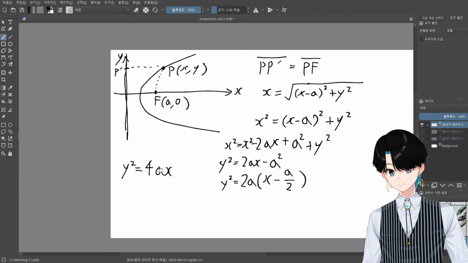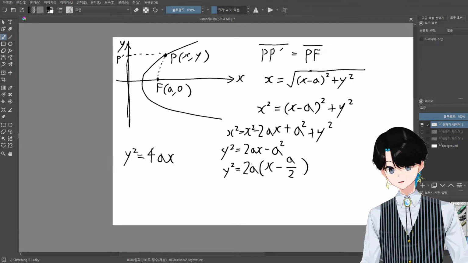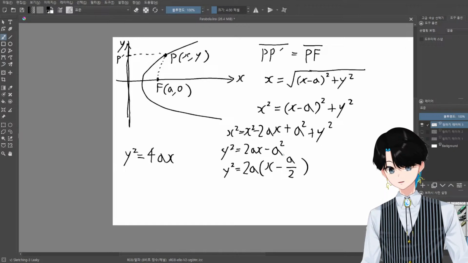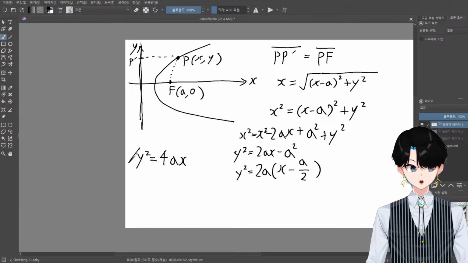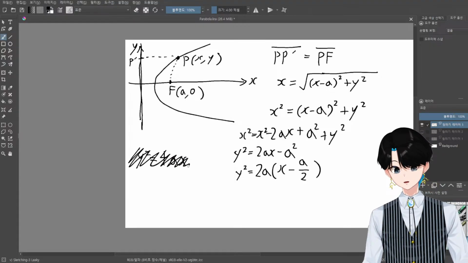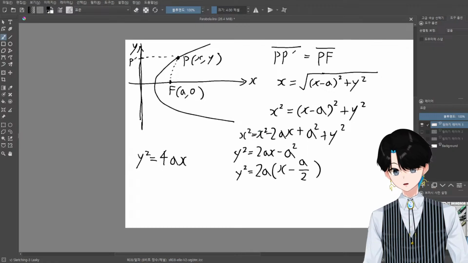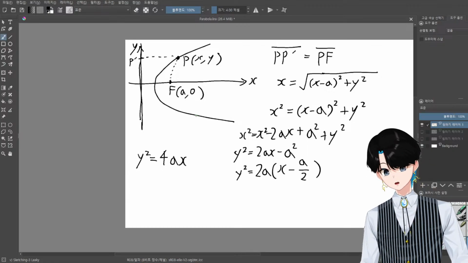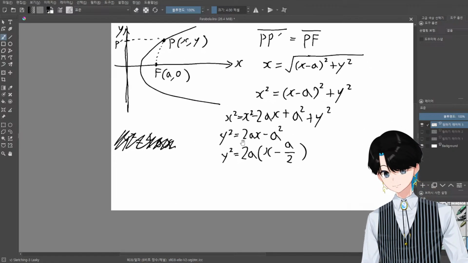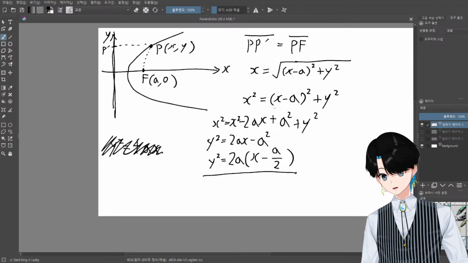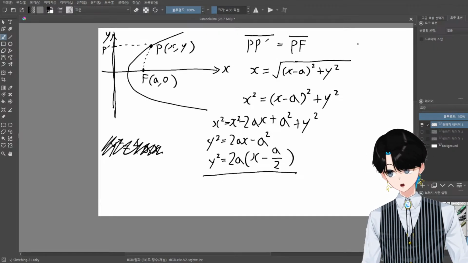Why is it different though? You know what? I am correct. Yes, I am correct, and this is also correct. This is the thing we can derive from the process that we have just gone through.